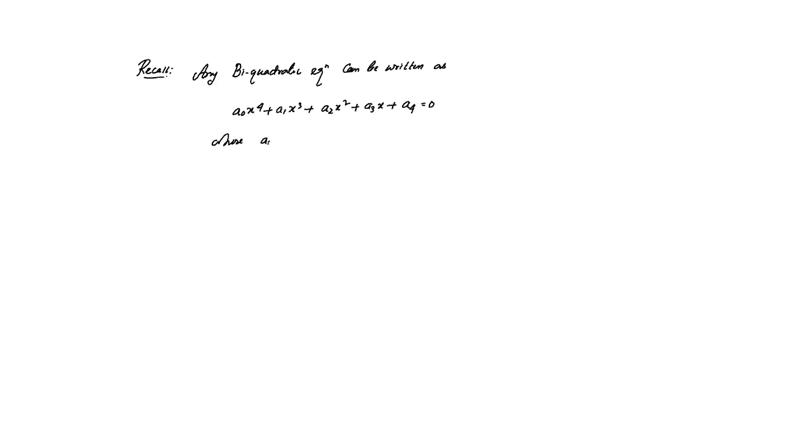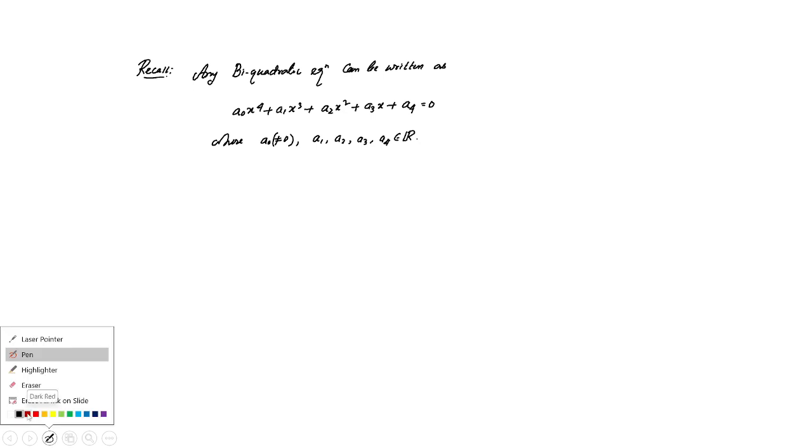where a0 is non-zero and a1, a2, a3, a4 are all real numbers. We are taking the biquadratic equation with real coefficients.